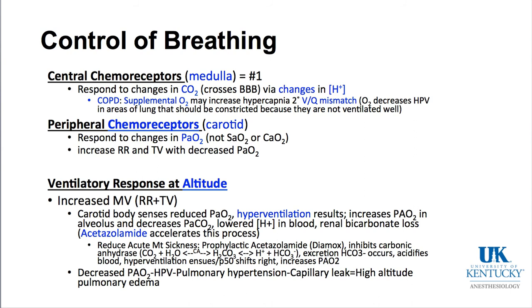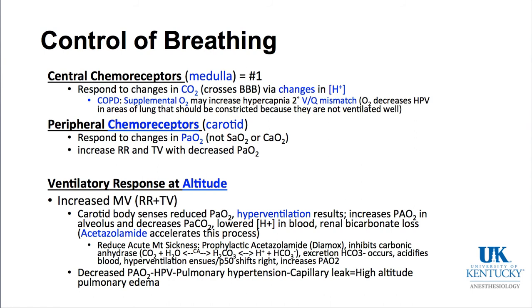The decreased alveolar oxygen that you breathe in results in the arteries next to those alveoli constricting. That's hypoxic pulmonary vasoconstriction. And if you have a global decrease in oxygen that you inhale, the arteries in both of your lungs will constrict, pulmonary hypertension can occur, and right heart failure.